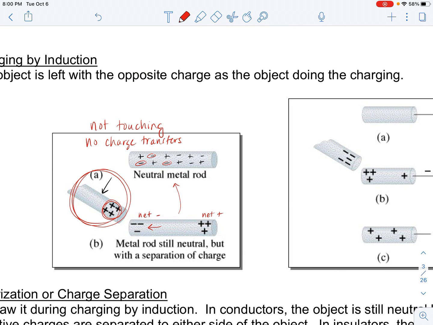And remember that all of this is based on the idea that like charges repel and opposite charges attract. So like charges repel, opposite charges attract, and the electrons are free to move.